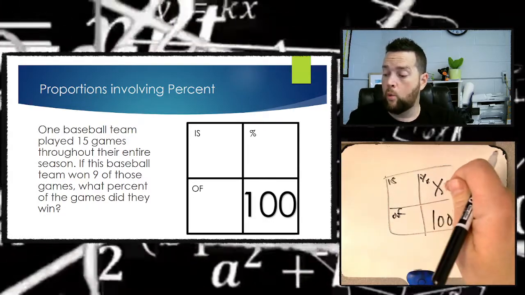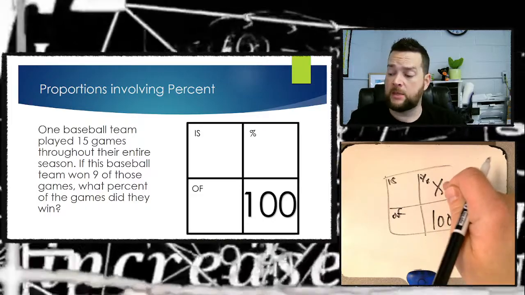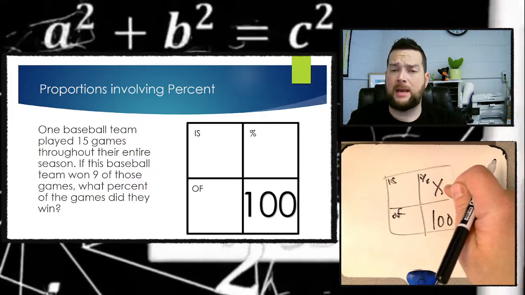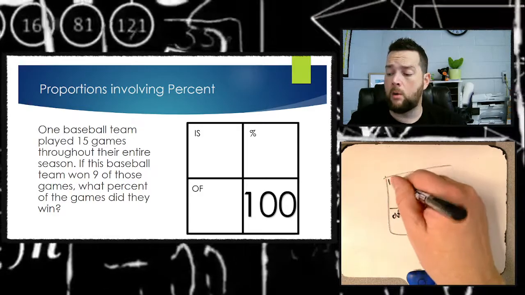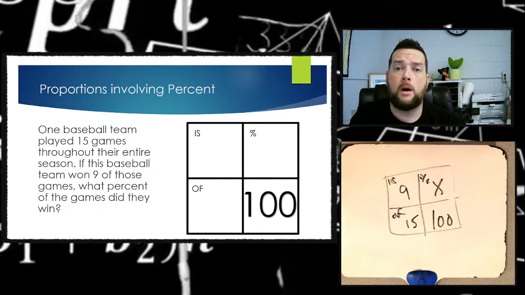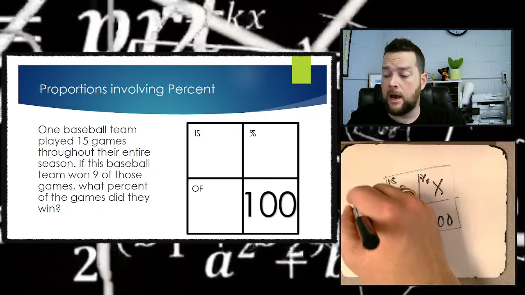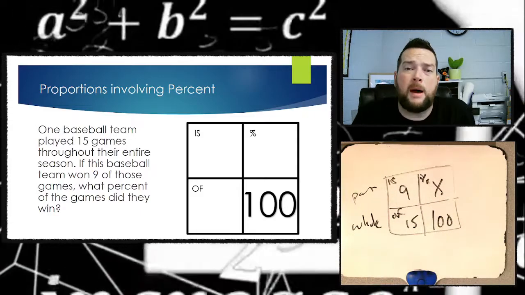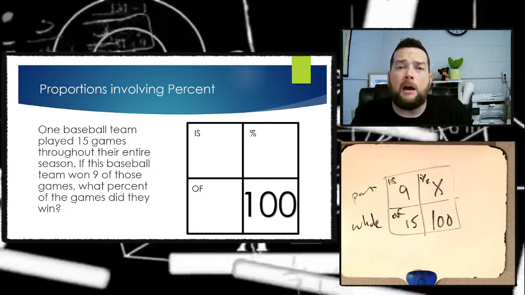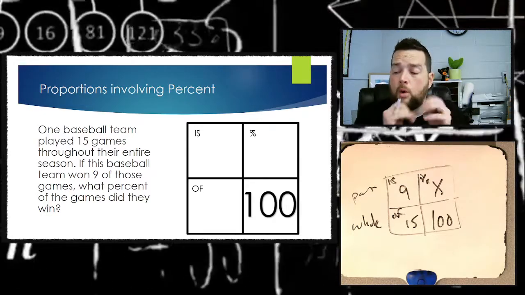Now then, when we don't know what the percent is, and that's what we're trying to find, 99 times out of 100, the two numbers they gave us, the small one's going to go on top and the big one's going to go on bottom, all right? Because the top is a part and the bottom is a whole. And usually when we're talking about percentages, we're talking about a part of a whole, less than one whole.